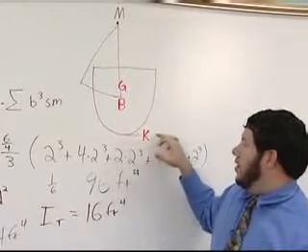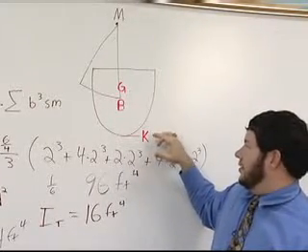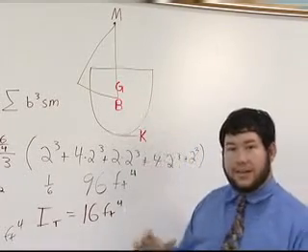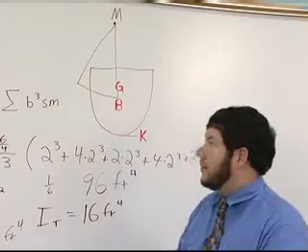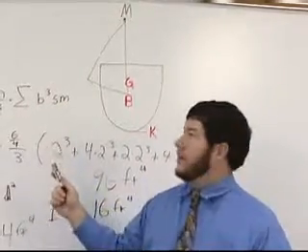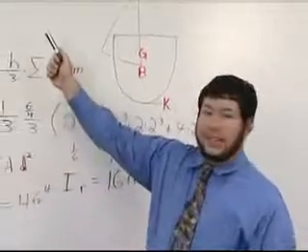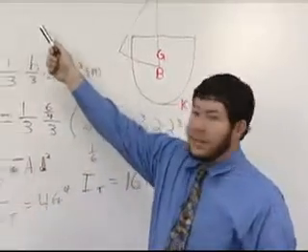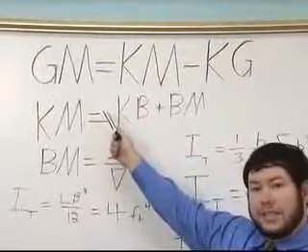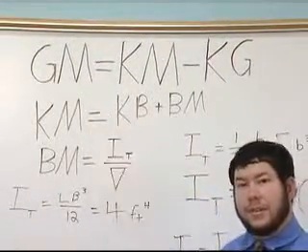We already know, as noted before, the distance from the keel to the center of buoyancy. That's the vertical center of buoyancy that was calculated in other segments. So we can calculate KM from those two values. And we already know KG, or the vertical center of gravity, from other segments. So from that, we can calculate GM, which is the measure of stability.